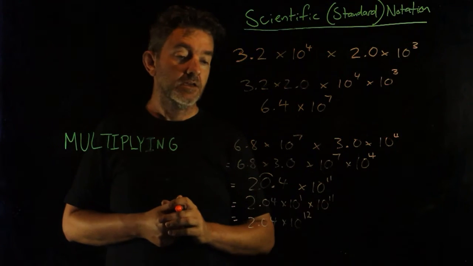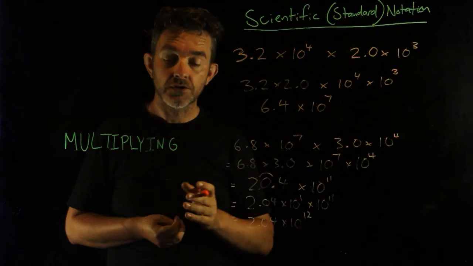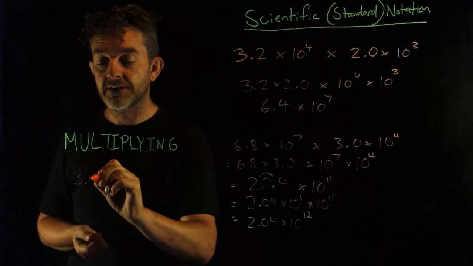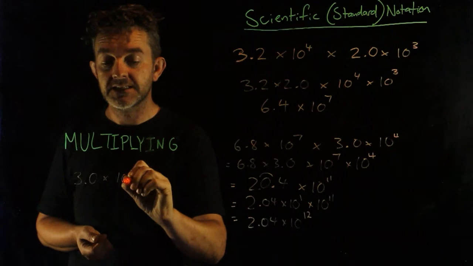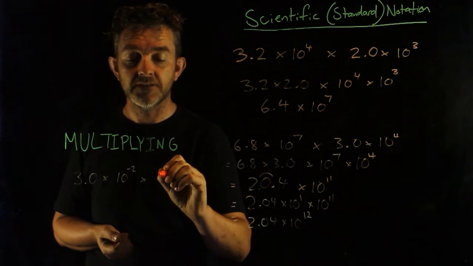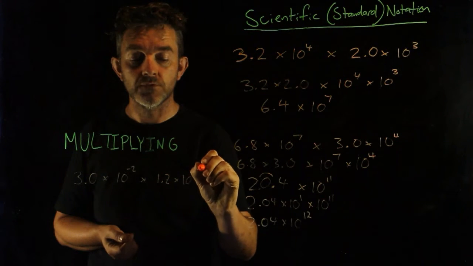Now, of course, these are numbers that are bigger than 1 being multiplied together. You can also multiply numbers that are smaller than 1. So 3.0 times 10 to the negative 2 times, okay, make it an easy one, 1.2 times 10 to the negative 4.